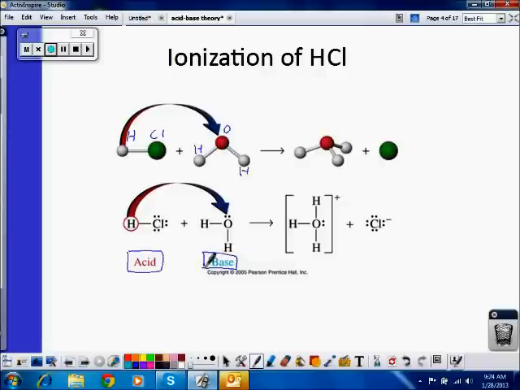Now when we look at the products, one of the products is the hydronium ion. And this is actually the way H+ exists in aqueous solution. So you can pretty much substitute H+ for hydronium if you rewrite the equation. If I want to rewrite this with just H+, this would be HCl yields H+ plus Cl-.